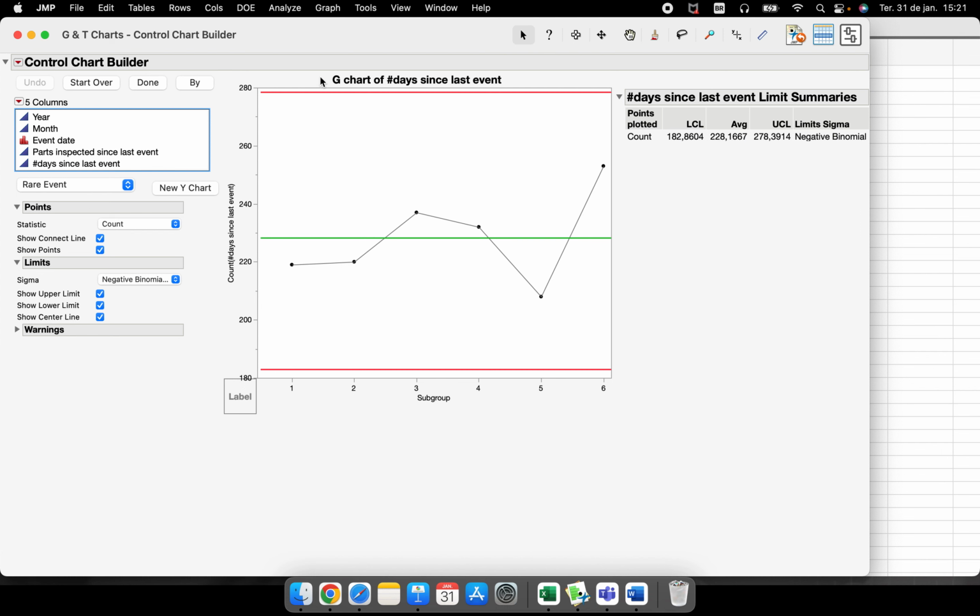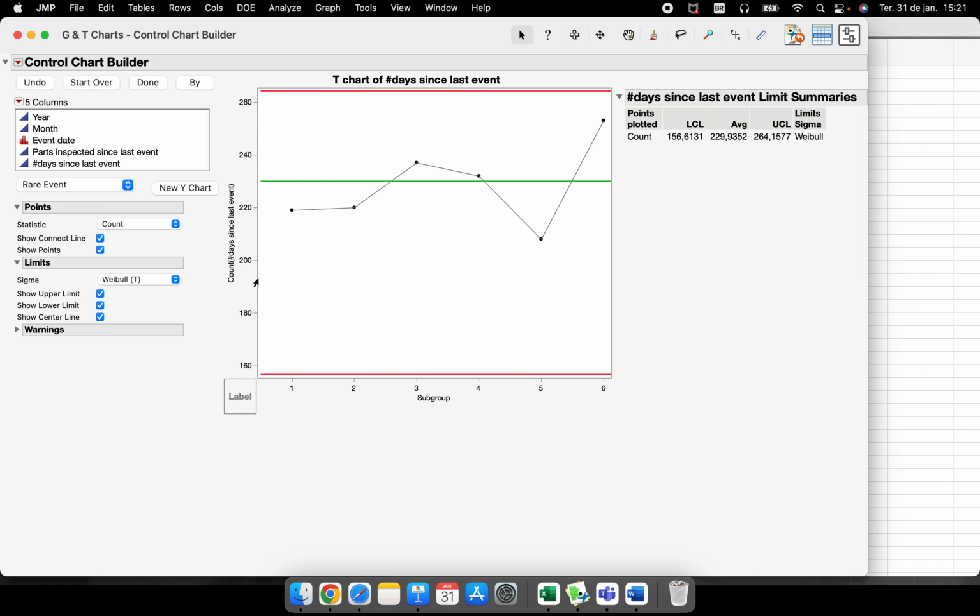If I don't change for T chart, I will have the G chart, and the idea here is not right because we are talking about time, and most of the times that we are talking about time we should use Weibull distribution.